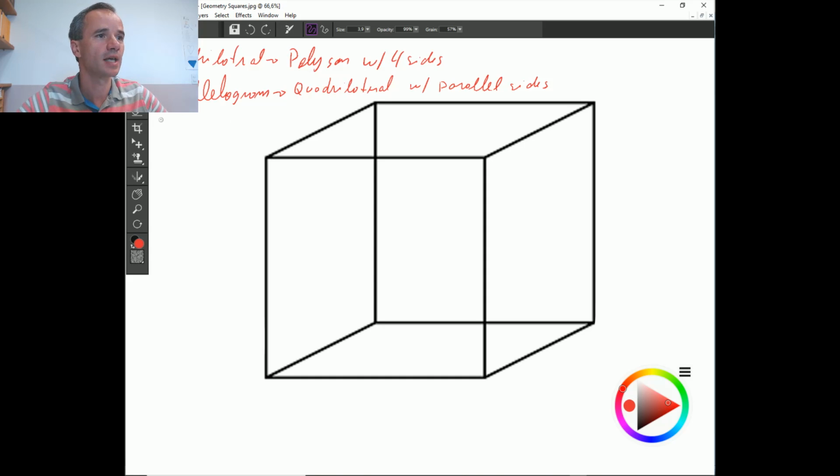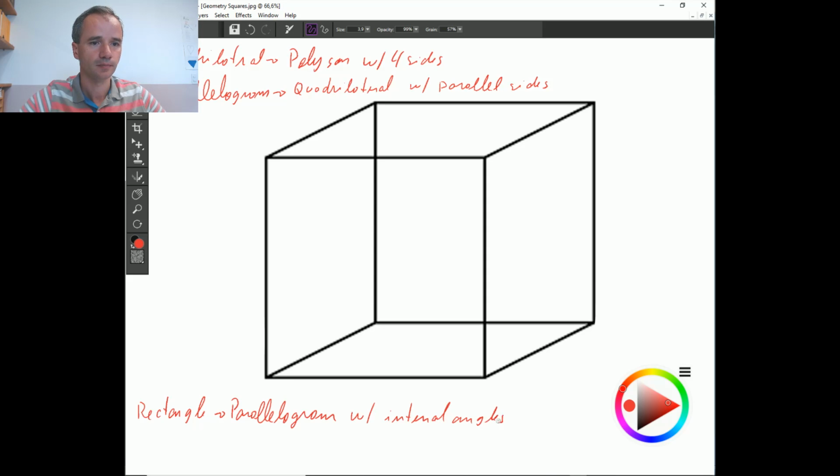What about a rectangle? I'm going to write down here. A rectangle, it's going to be what? A parallelogram with internal angles of 90 degrees.